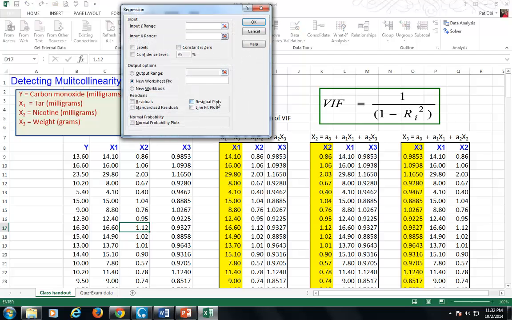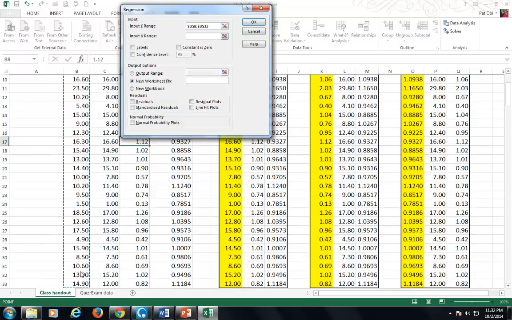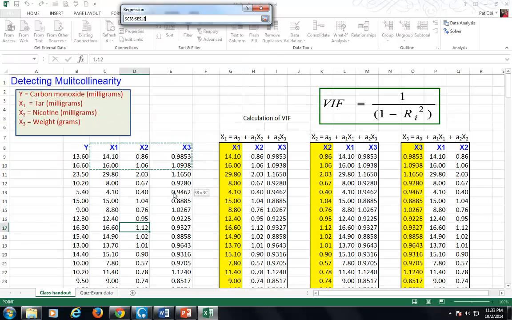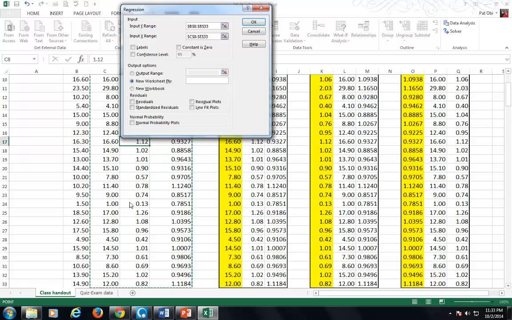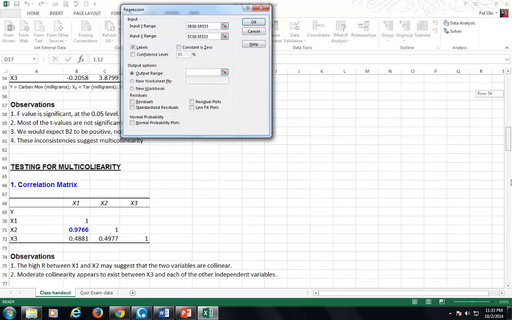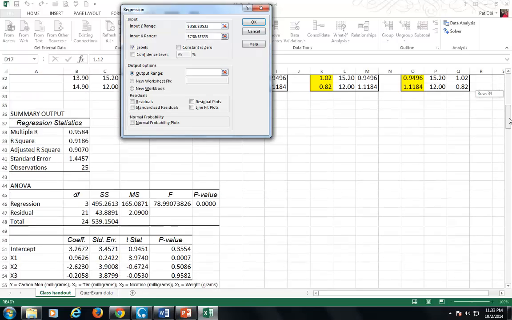Then for Y, start from Y and work your way down, and then click here for the X values. Highlight all three of them, making sure that they are placed side by side. Check Labels here. For Output, click right there while the cursor is blinking. Let's go down somewhere nice, like about here.